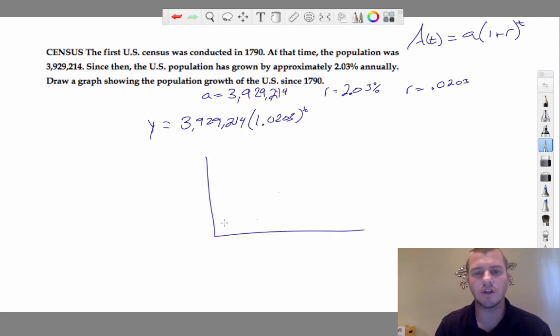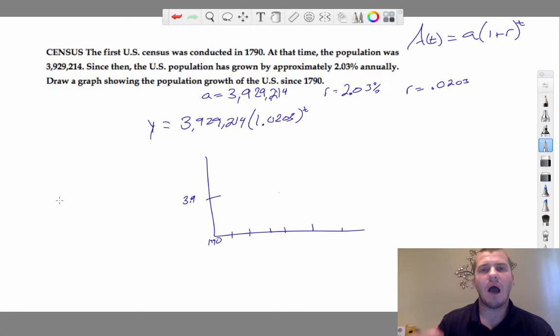So understand what the graph would look like. Your y-intercept is going to be at that 3.9 million number. Your x is basically starting at 1790, and you would go so forth.